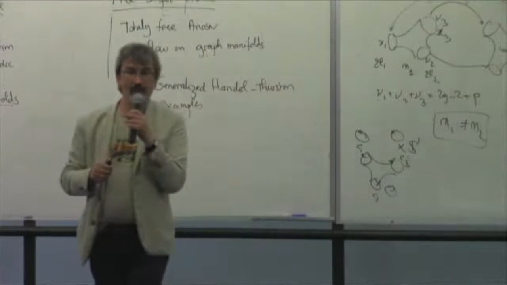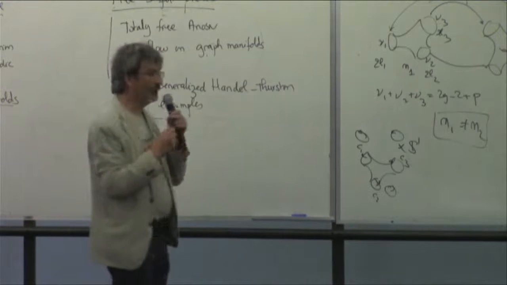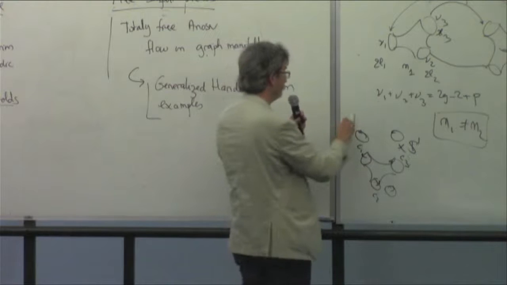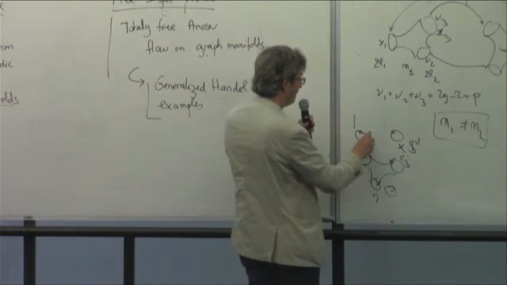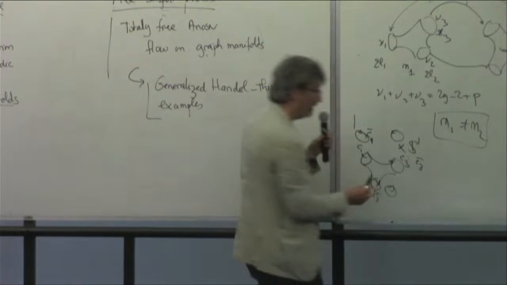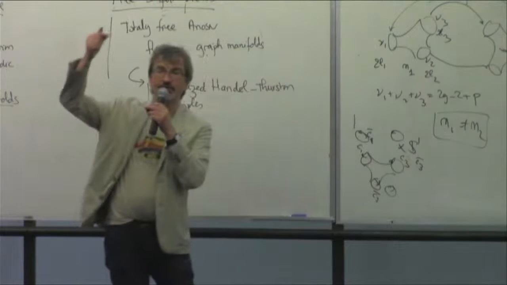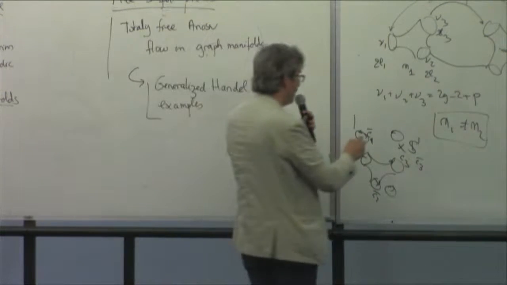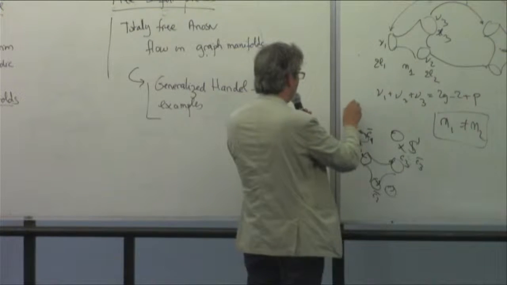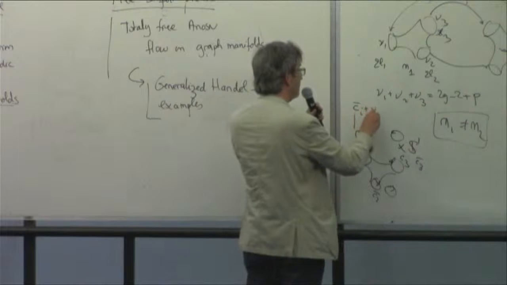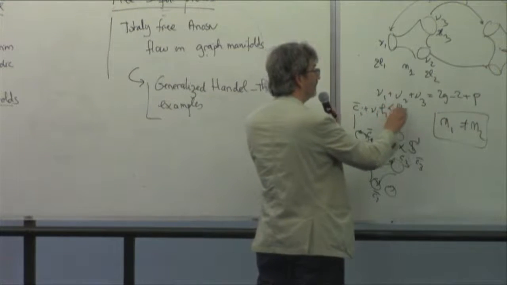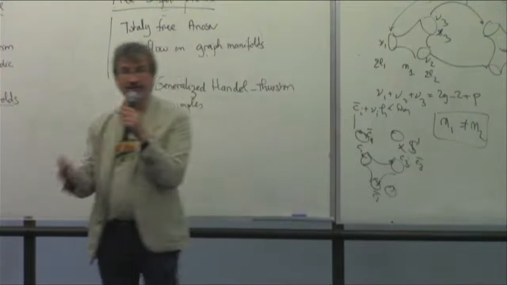Now if you want another one, you can add to each of them some loops in the unit tangent bundle, which I call C1 bar, C2 bar, C3 bar. Any other loop above it is just this one plus some integer multiple of the fiber, in homology.